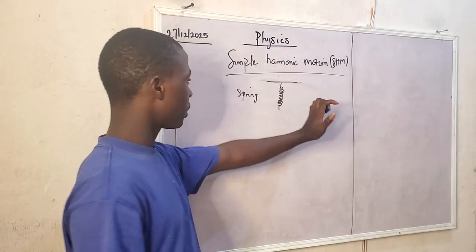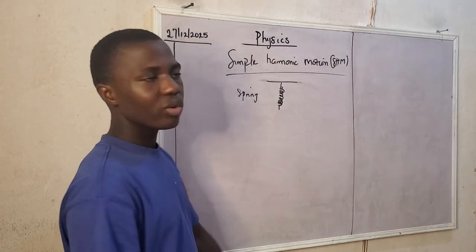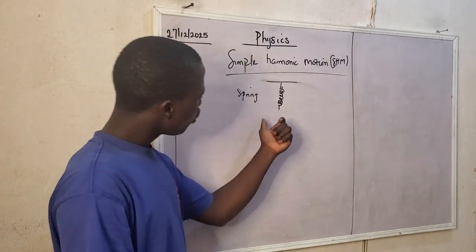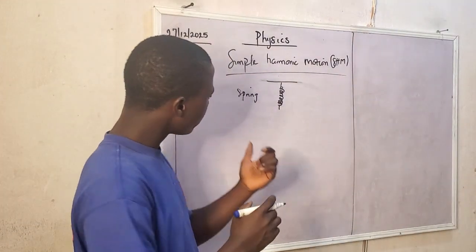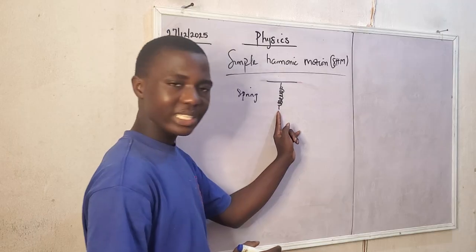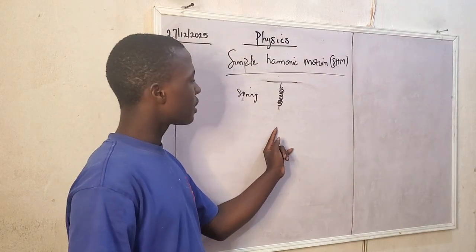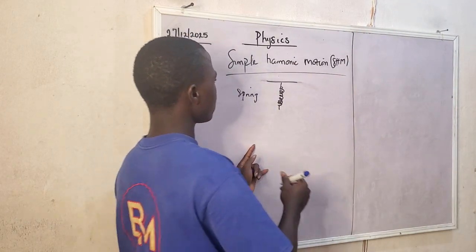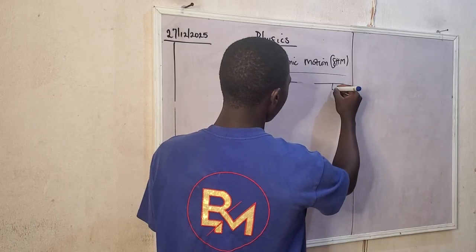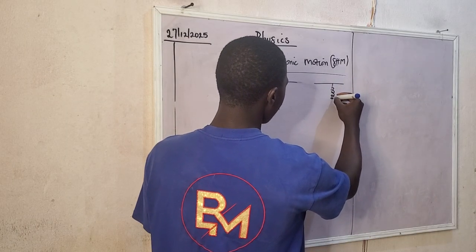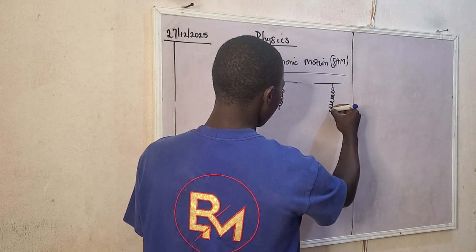Let's just assume this is a free body diagram. This is a spring where no load is attached to it. But when a load or a mass is applied to this spring, it depresses. Let's take another diagram. When a load is attached to this spring, it depresses.